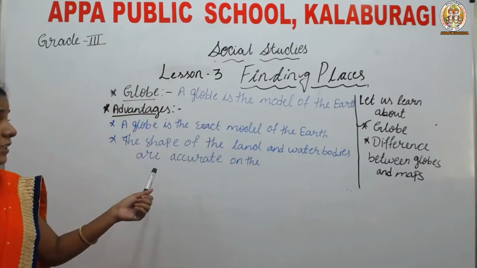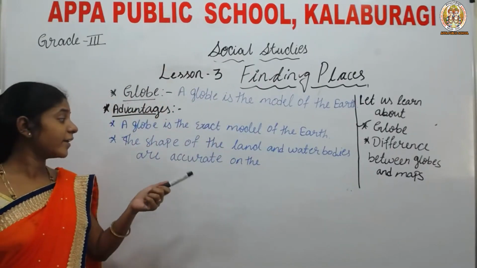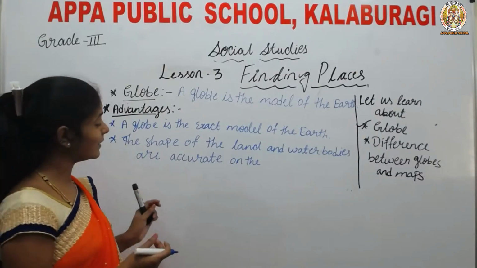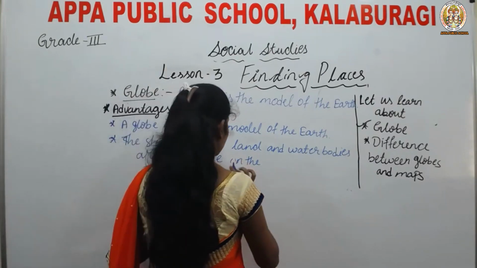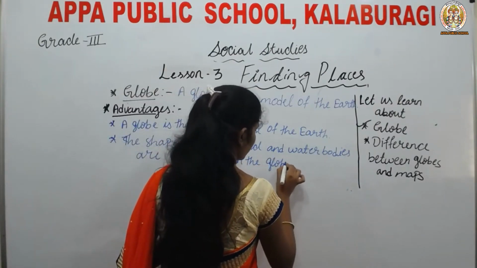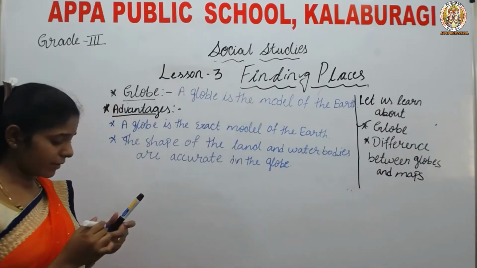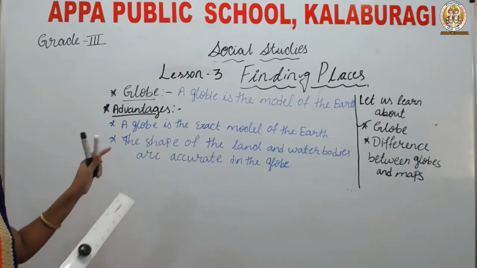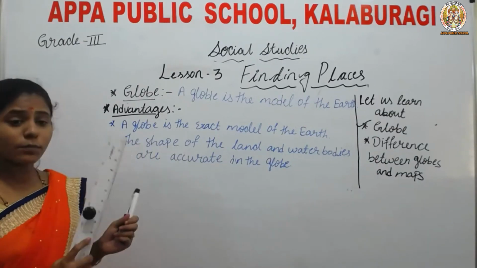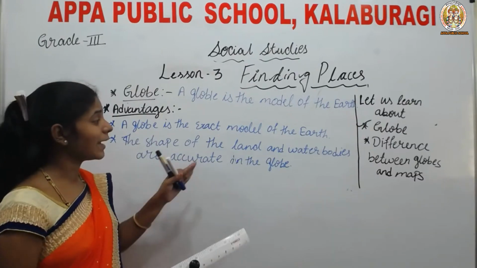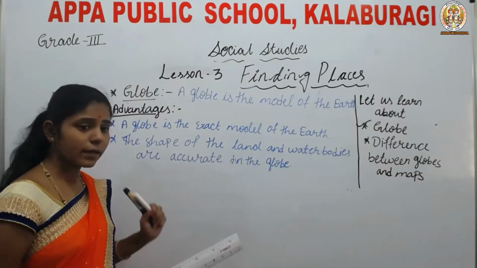See, what are the advantages of the globe? The globe is the exact model of the earth. The shape of the land and water bodies are accurate in the globe.